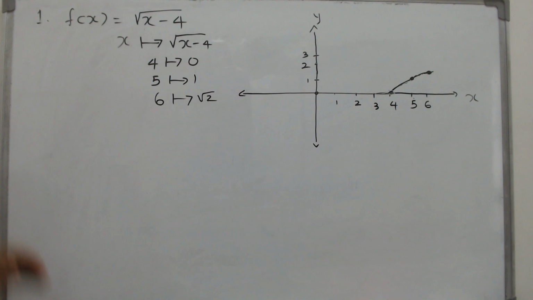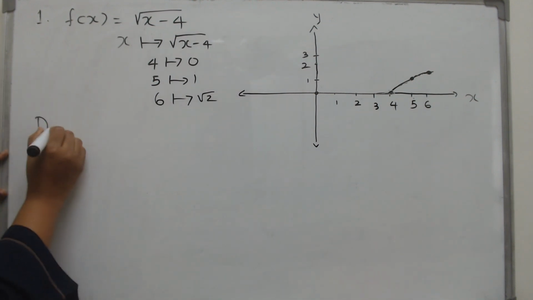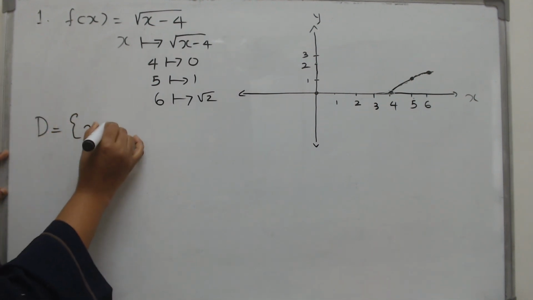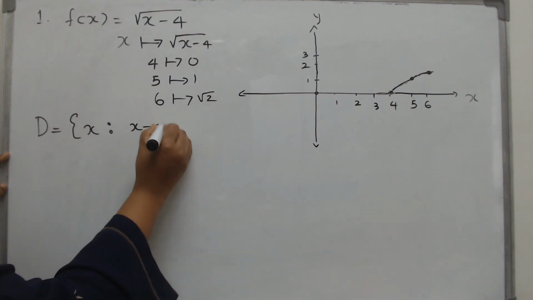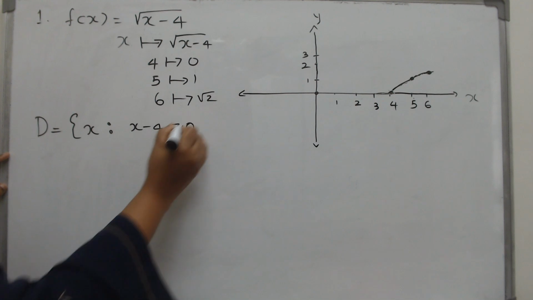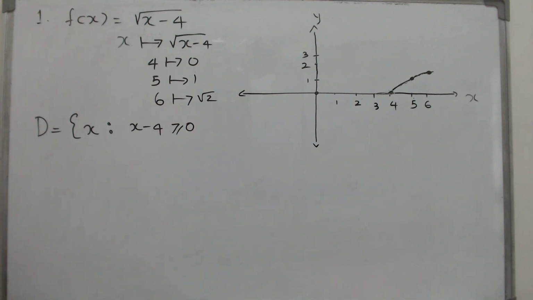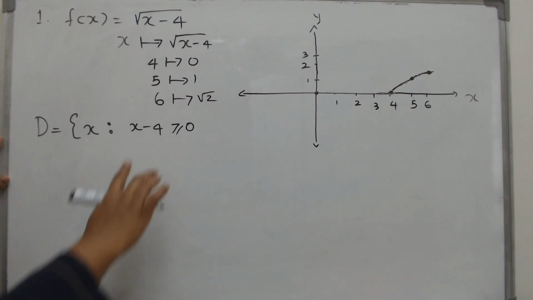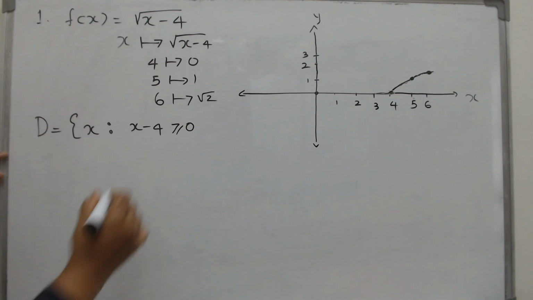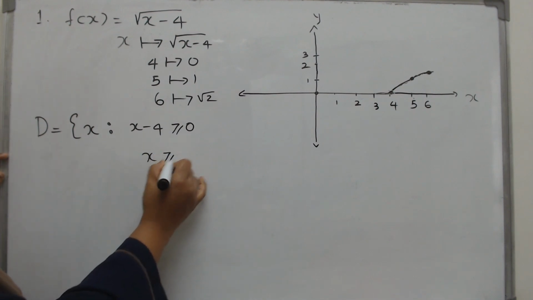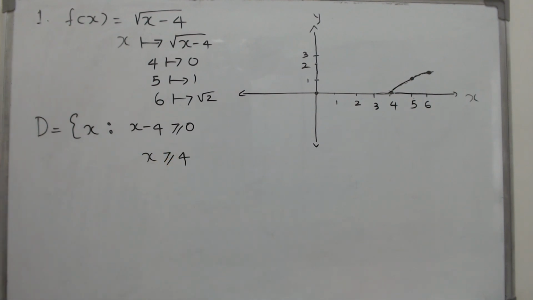So what is going to be our domain? Our domain is going to be the collection of all the numbers x for which x minus 4 is greater than or equal to 0, or in other words, x minus 4 cannot be negative. Now, when is the difference of two numbers positive? When the first number is greater than or equal to the second number.